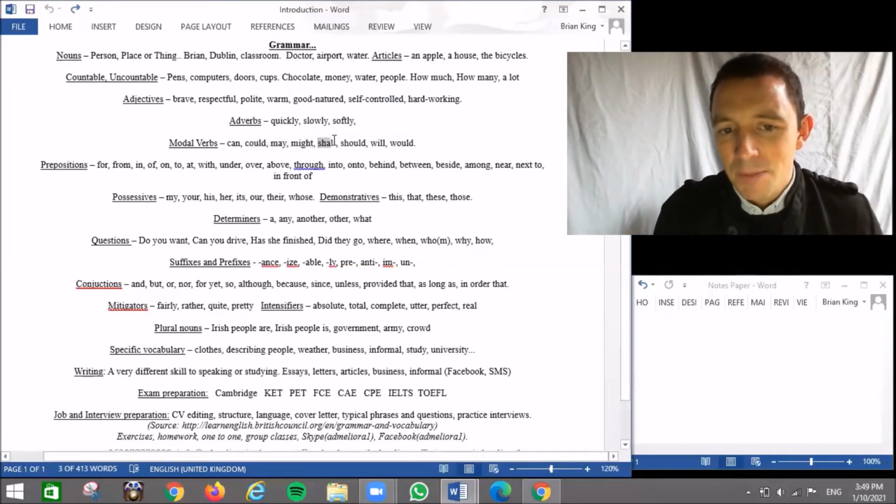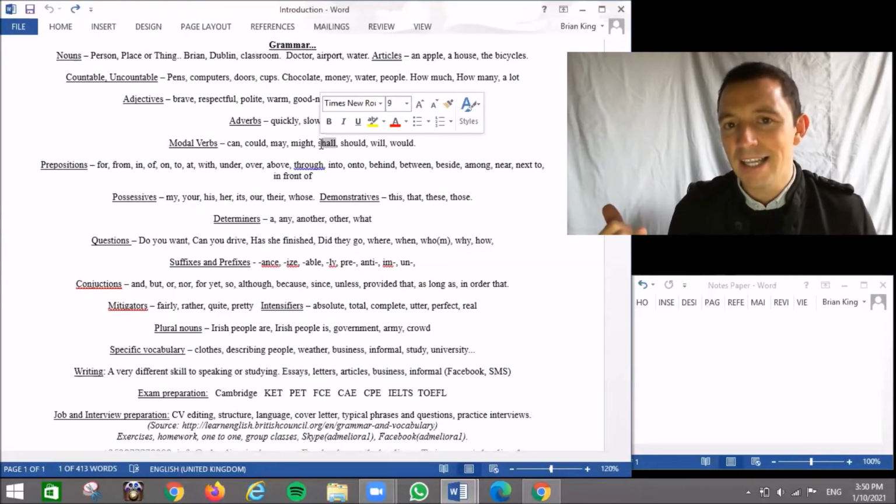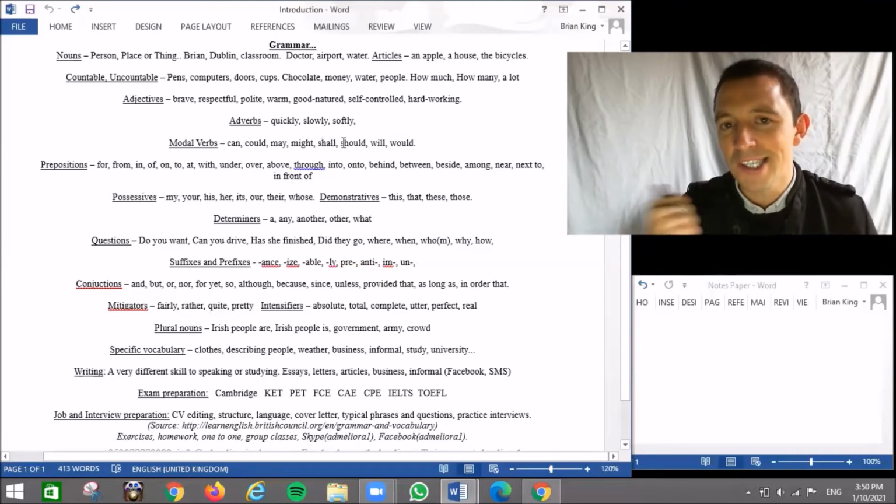Could, may, and might. Okay. Shall es similar que will, and it's más formal. Shall is más formal. No es tan common. It's important, sí. Es importante, sí, pero no es tan common cada día, okay? Pero es necesario entender. Should is typical for consejo.